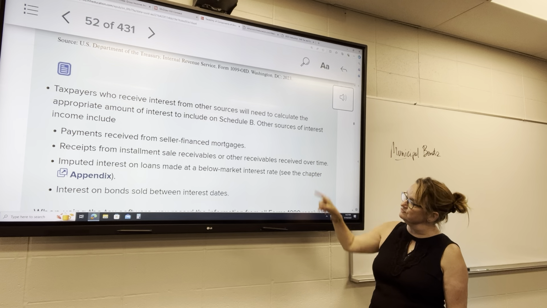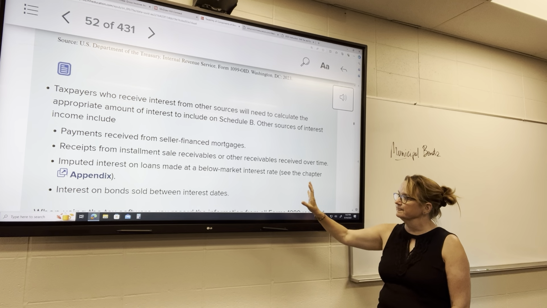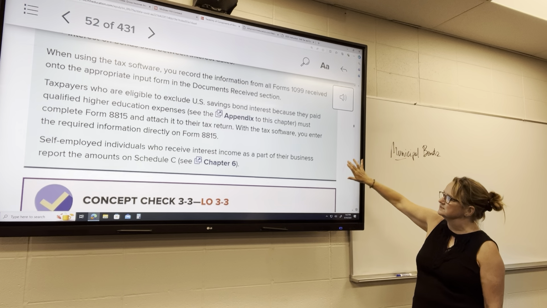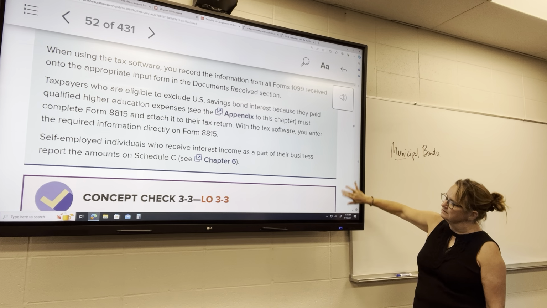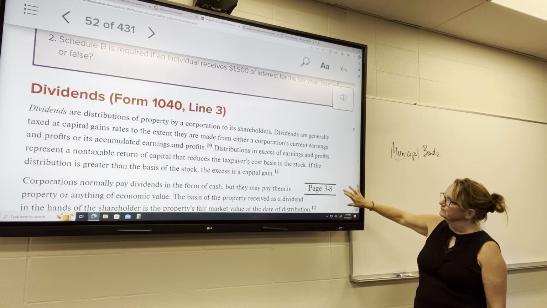So payments received from seller financed mortgages, installment sales, imputed interest, that sort of thing. If you didn't get a 1099, but you did receive interest, you still report it on that Schedule B. All right. That's interest income.